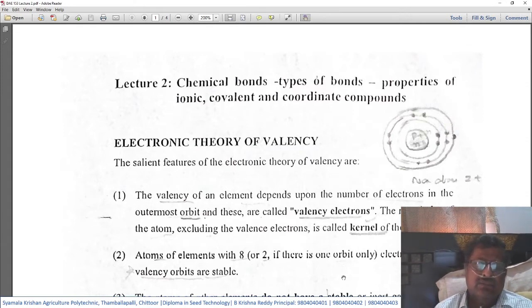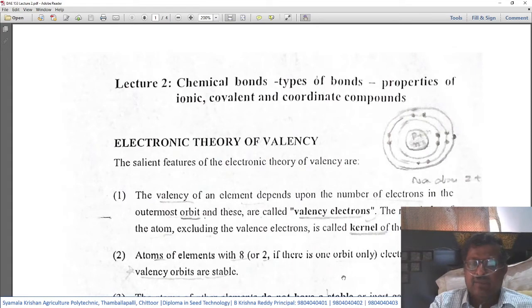So the valency of an element depends upon how many electrons are present in the outermost orbit. In this given example of the sodium atom, the valency of sodium is 1. That means in the outermost orbit of sodium, there is only 1 electron.